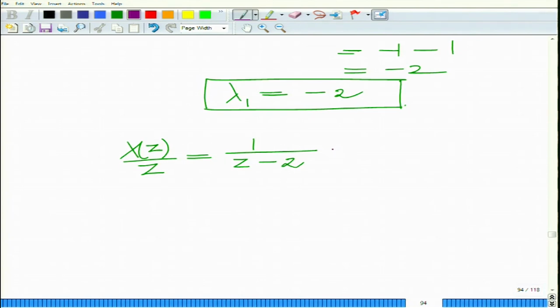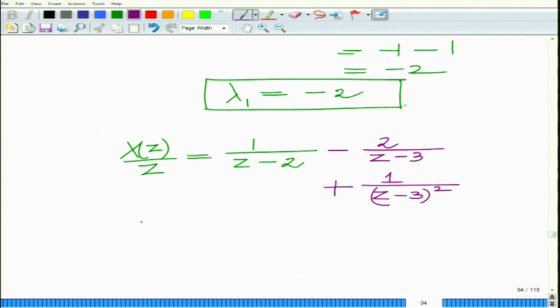So, this will be minus 2 over z minus 3 plus lambda 2 over z minus 3 whole square, where lambda 2 is 1. So, this is 1 over z minus 3 whole square. And this is the partial fraction expansion of X(z) over z.